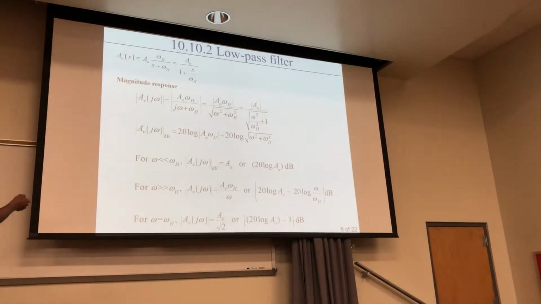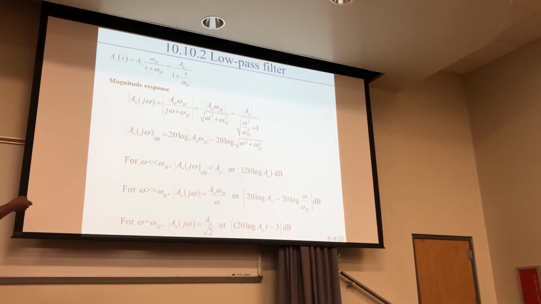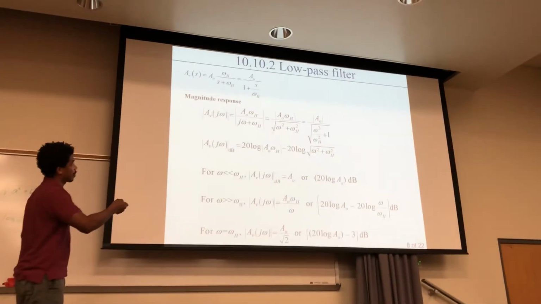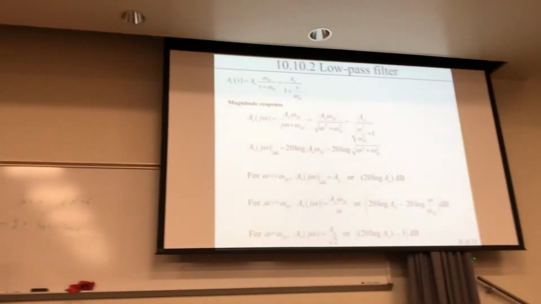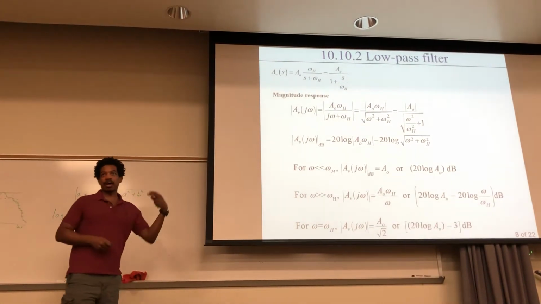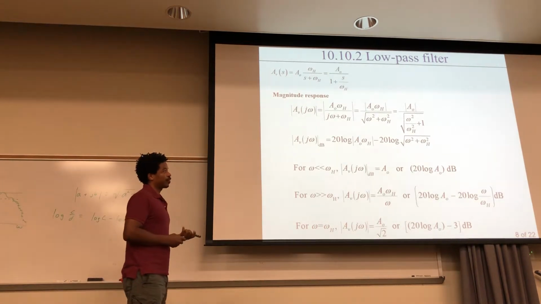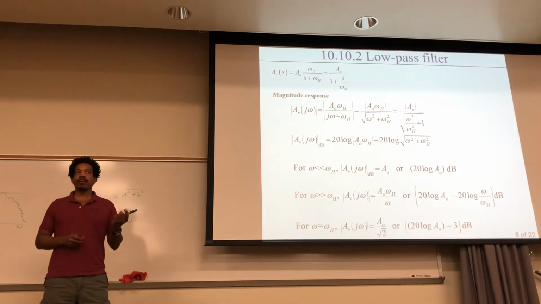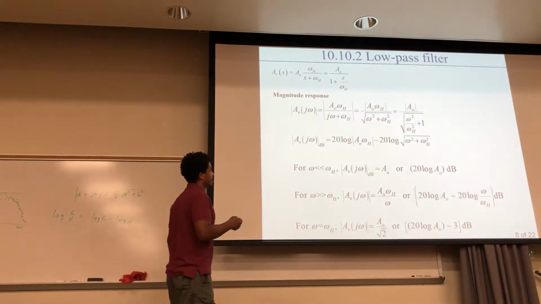You have two pieces. You have 20 log of the numerator minus 20 log of the denominator. We're using this part right here. And then from this part, you want to look at the asymptotic values to try to estimate your plot, because you're going to plot by hand on a decibel versus log frequency plot for these amplitude and frequency.